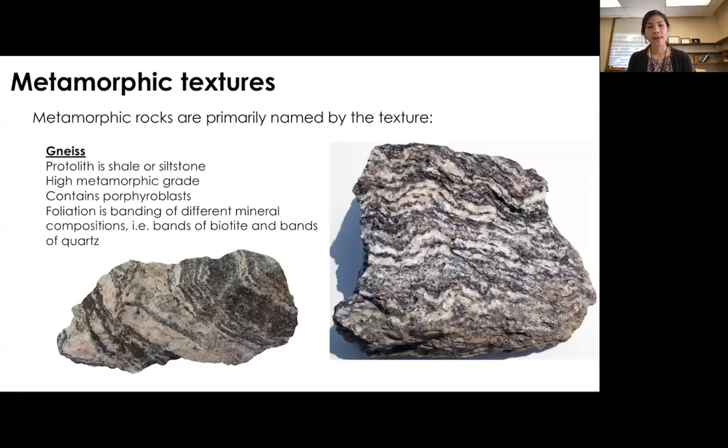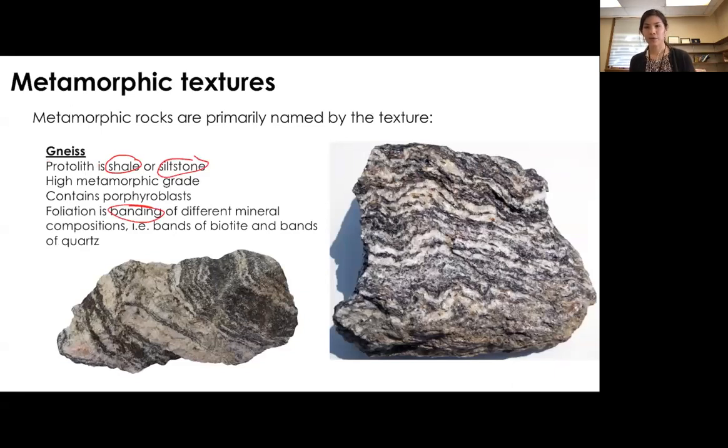All right, and then as we've increased that metamorphic grade even more, we get to the gneiss. So these are again that shale and siltstone protolith, but now the increased pressures and temperatures have caused banding. So rather than just mineral alignment, we're now getting mineral segregation with usually dark minerals grouping together and light minerals grouping together.